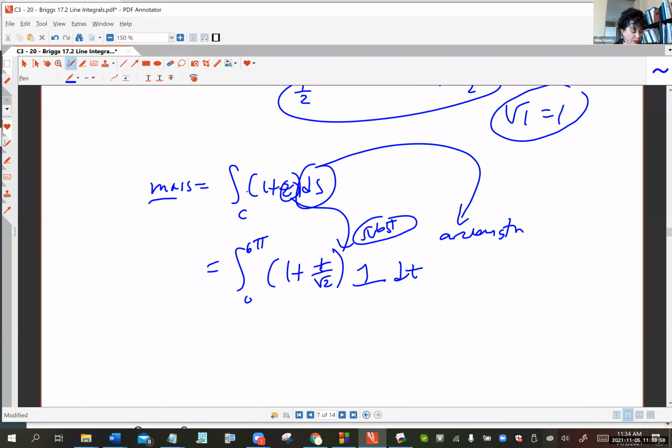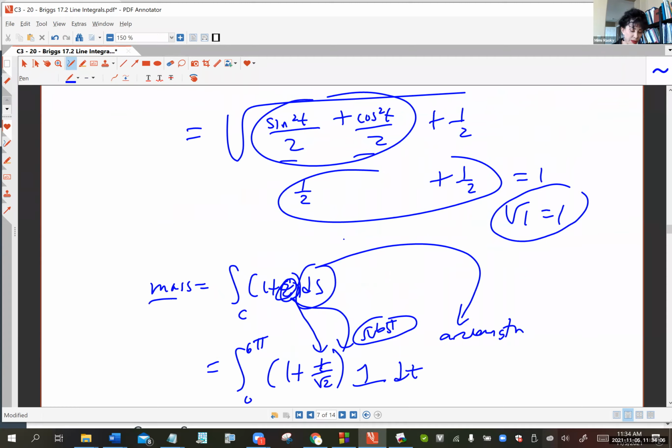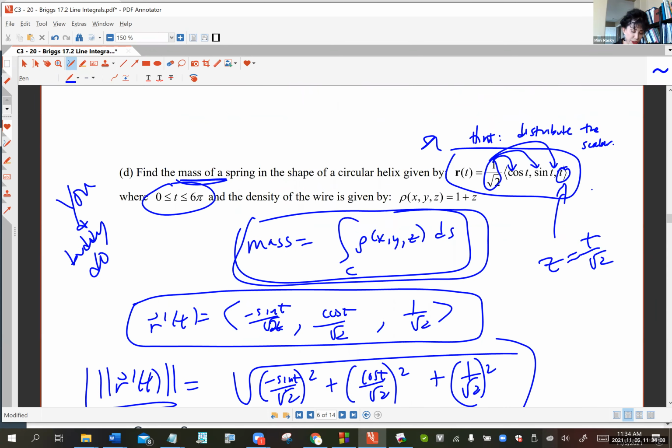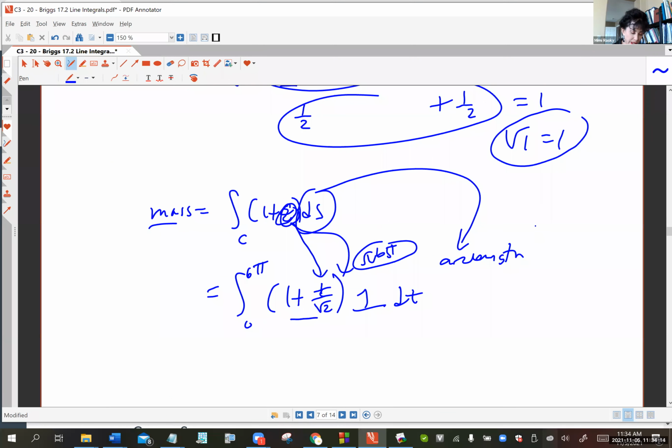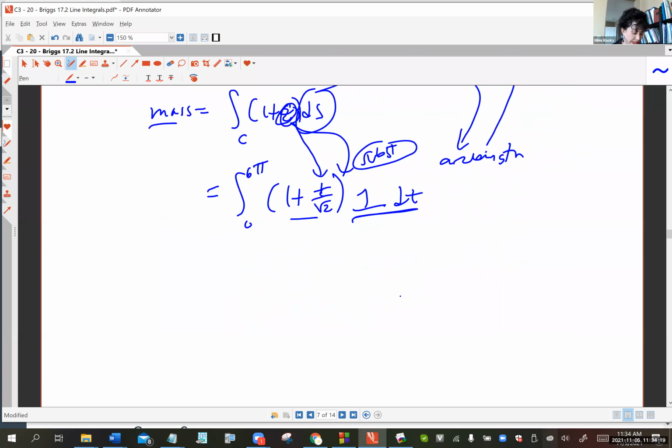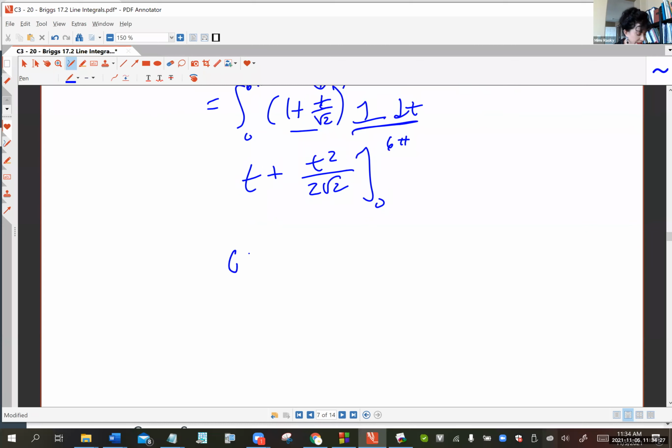So when we set up the mass as a line integral, we substitute in place of z the z component from our vector valued function, which turned out to be t over square root of 2. The arc length element is 1 dt. And this is an easy integral to integrate, right? Calculus 1 type stuff.